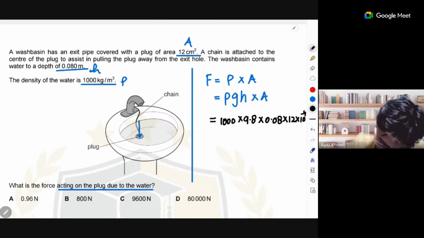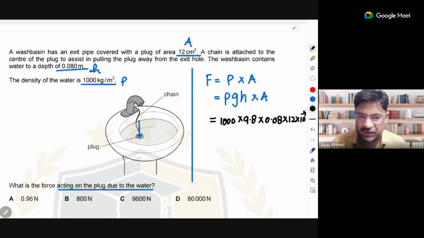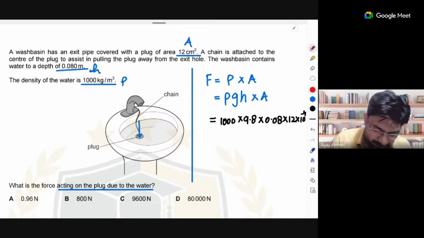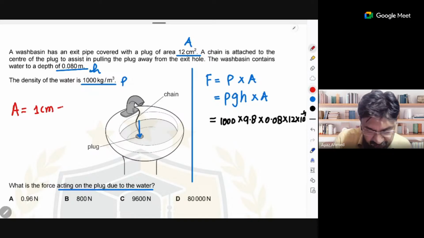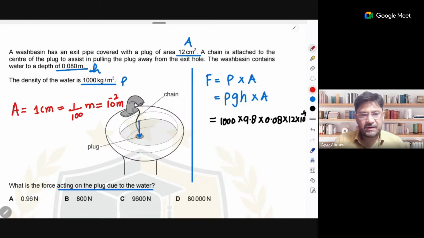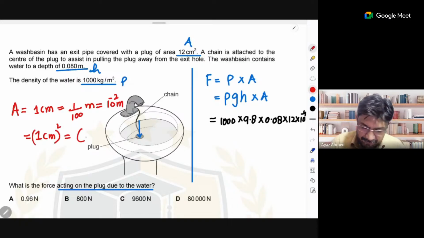Let me calculate. Meanwhile, any one of you please calculate, and let me convert this for you. For length, 1 centimeter is equal to 1 by 100 meter, or it can be written as 10 power minus 2 meter. Is it clear to everyone? Yes, sir. If it is 1 centimeter square, it means this is 10 power minus 2 whole square.